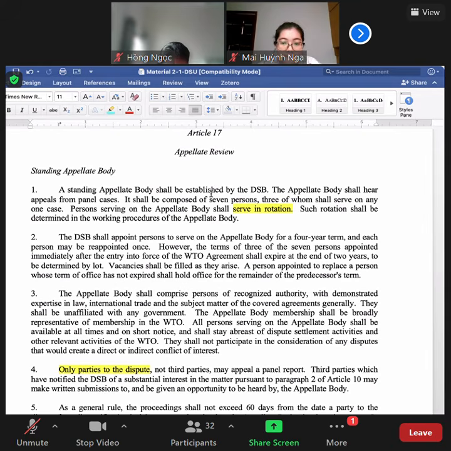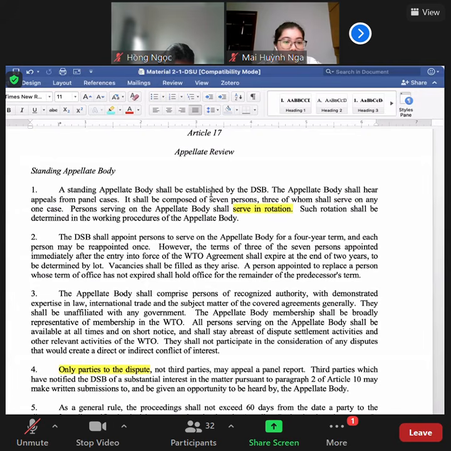Here they say that a standing appellate body will be established by the dispute settlement body, and the persons serving on this body shall serve in rotation. Normally it is composed of 7 members, working in rotation. For each case, only three persons sit on a case, and they have 4-year terms, and may be reappointed once.